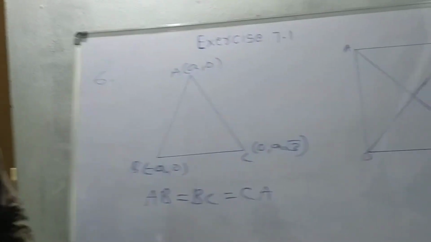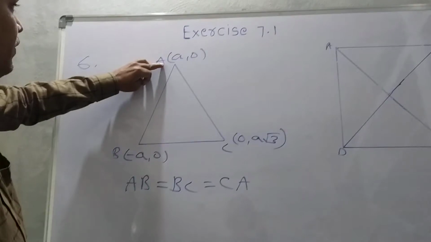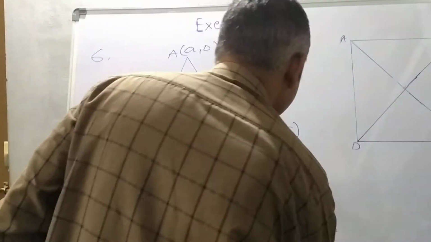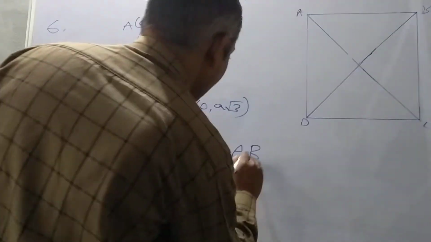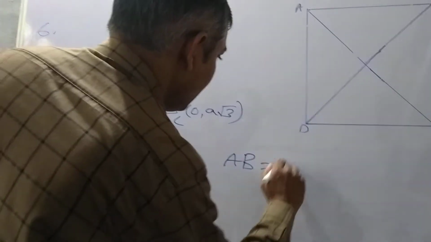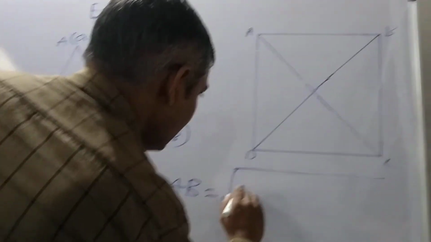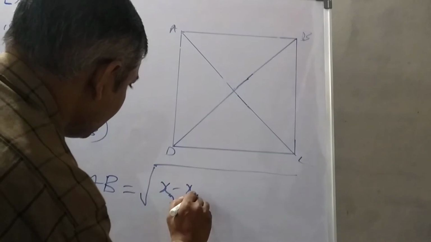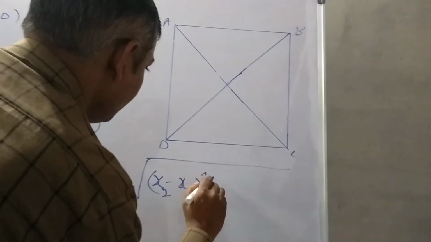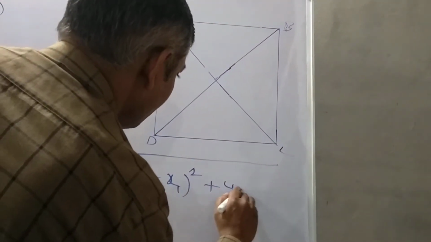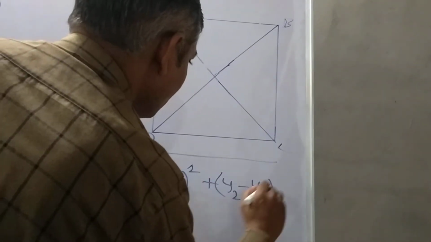Using the distance formula, first find the distance between A and B. The formula for the distance between two points is AB equals under root x2 minus x1 whole square plus y2 minus y1 whole square.